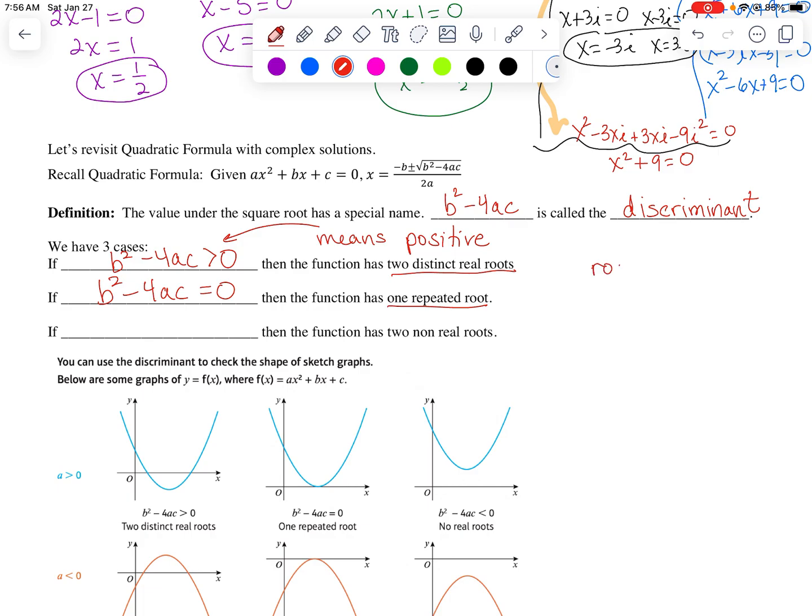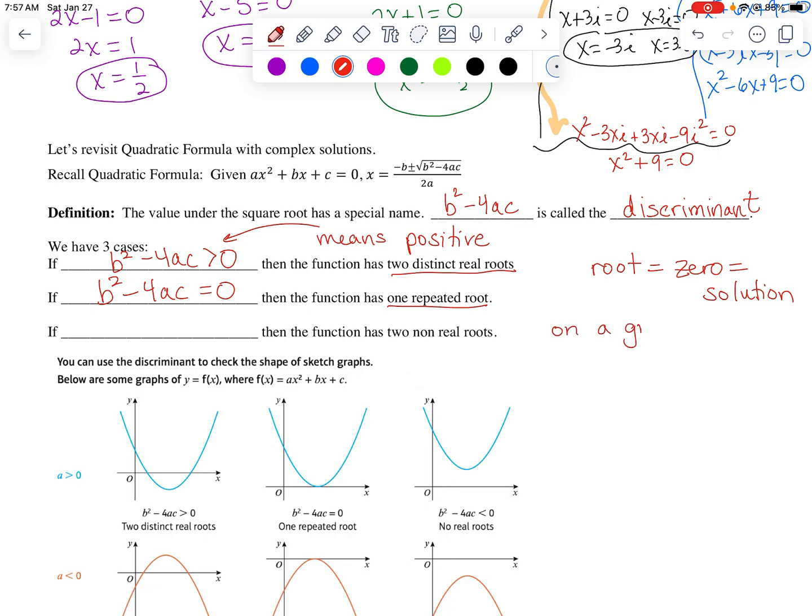And I just realized that maybe I need to clear something up. A root is also another word for 0, which is another word for solution. Root means 0 or solution.